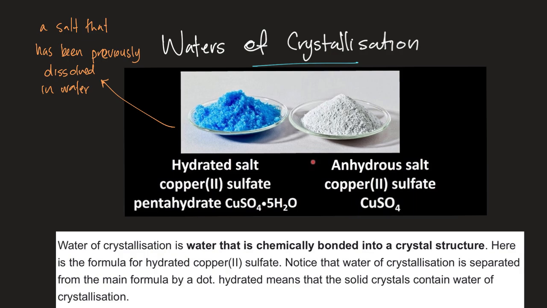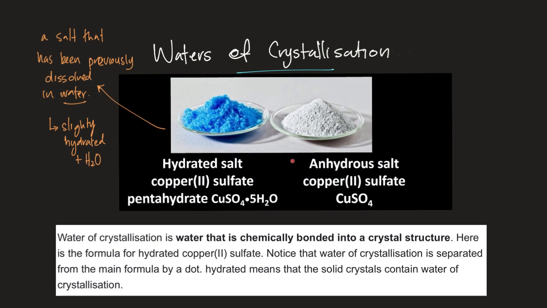And then after it was dissolved in water, it went through the evaporation process. So what's actually happening is it is slightly hydrated. That means it has a bit of H2O attached to it.